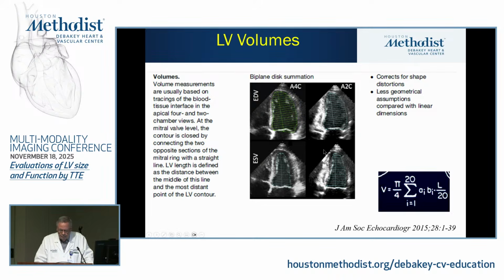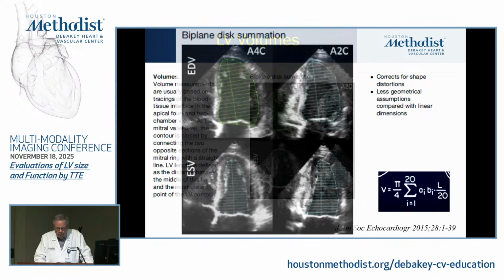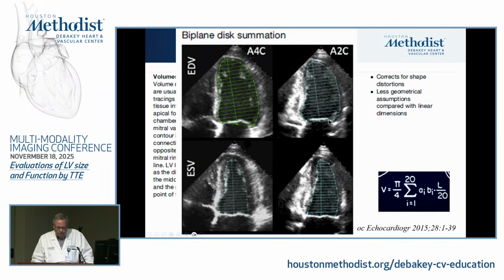The important message that we have learned from comparing echo volumes with CMR was very educational, because it taught us that at the beginning, we were doing too much foreshortening of the cavities because we were tracing too much inside what we thought was an endocardium, but frequently it's trabeculation. So we have learned now to be a little bit more liberal and go further back outside here when making some of these measurements, because they do relate better to the MRI standard.